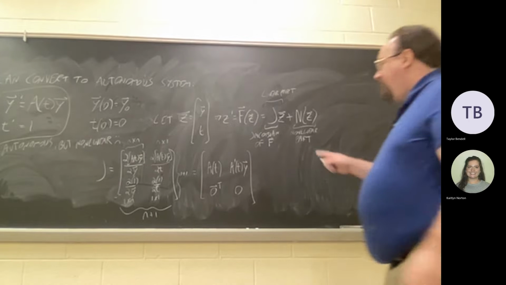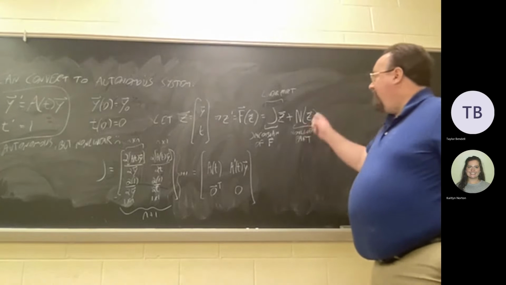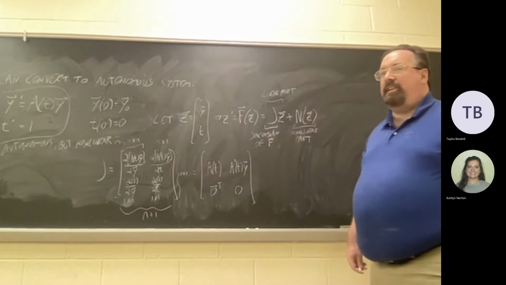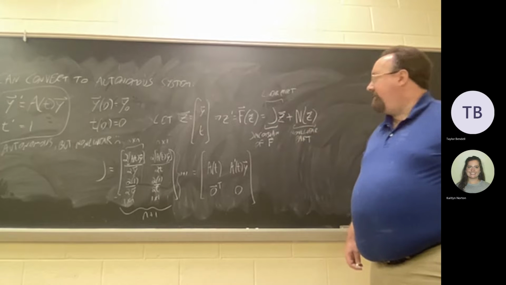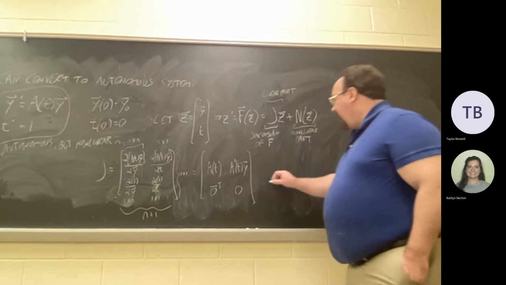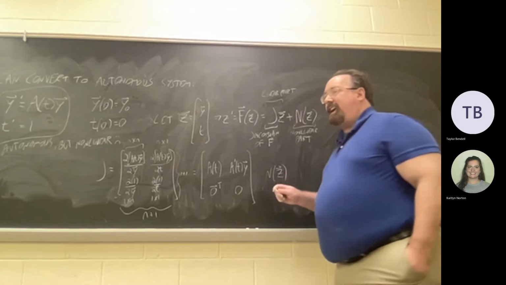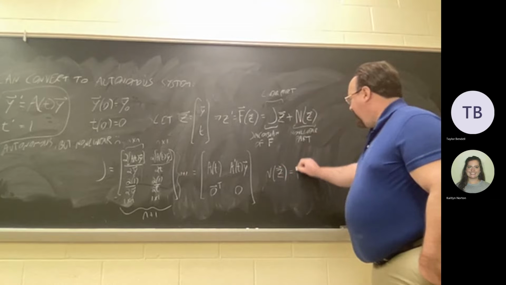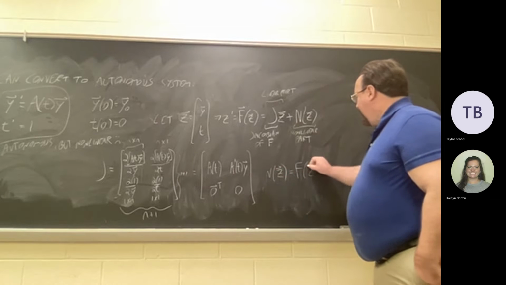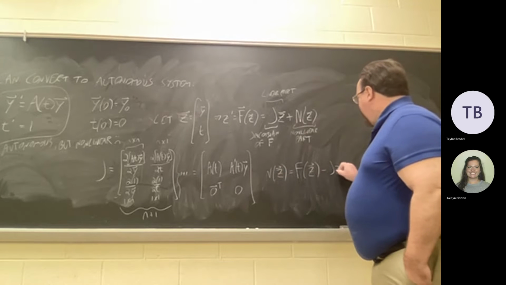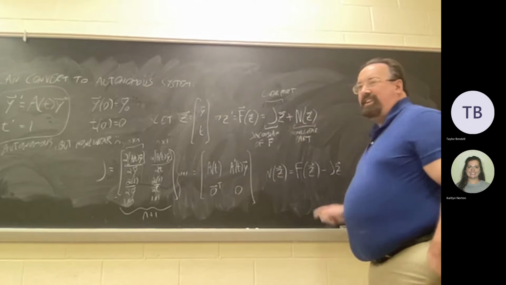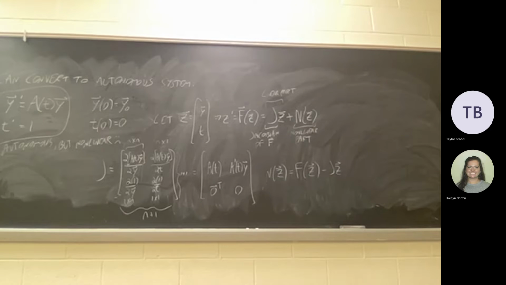So this is the linear part of this system of ODEs. And then the nonlinear part, we take the easy way out on defining that. All it is is f minus Jz. So it's everything else in f.